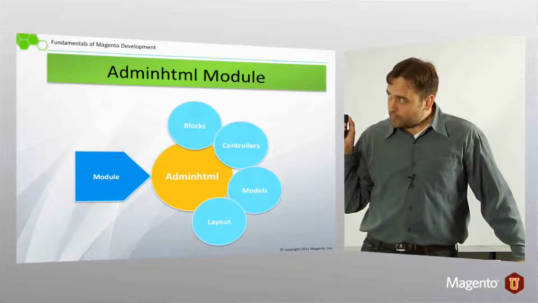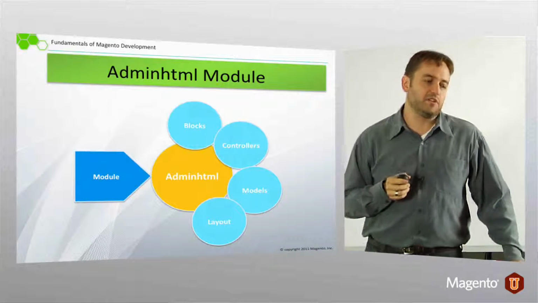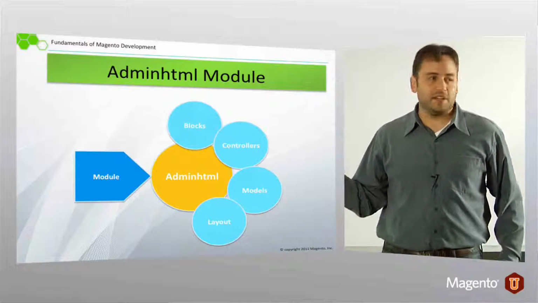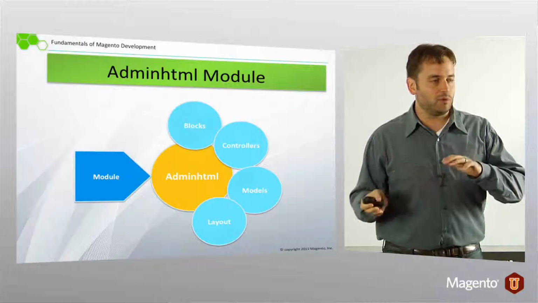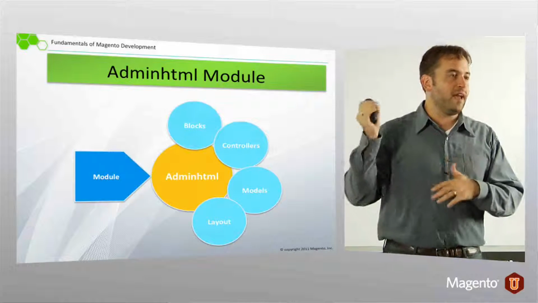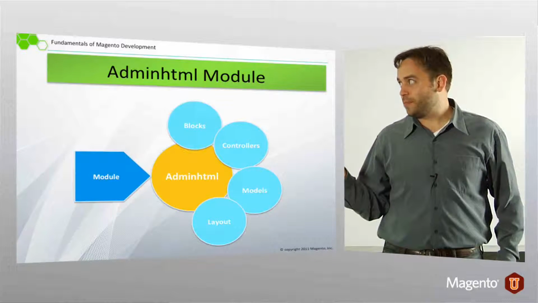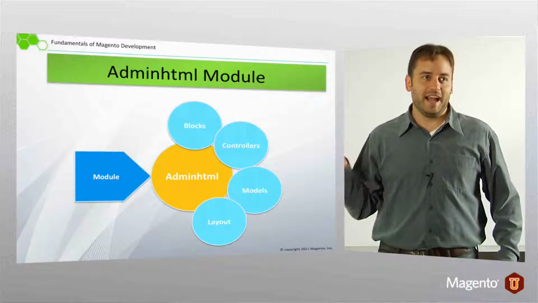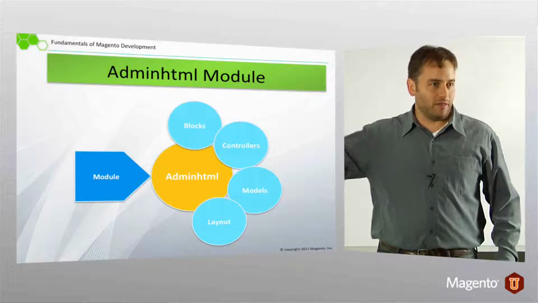So the problem is, back in the day, as we discussed when we were talking about URL rewrites, the only way Magento could get all of the different modules' content under that admin route was to create this Adminhtml module and aggregate every single module thereunder.